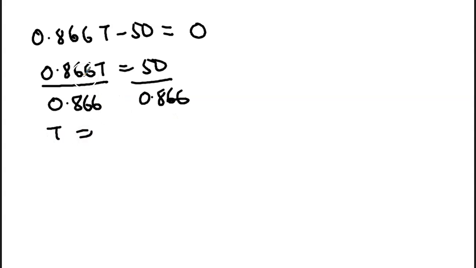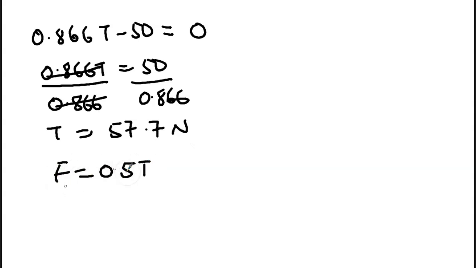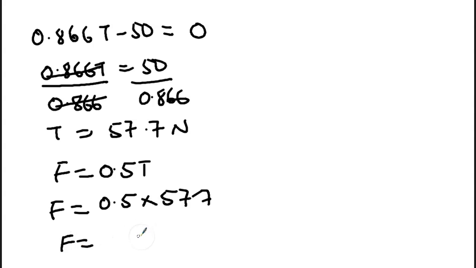Our T is equal to, when we divide, 57.7 Newton. And then we said that F is equal to 0.5 T. So knowing the value of T, our F will be equal to 0.5 times 57.7. When we simplify and round to one decimal place, we have 29.9 Newtons.